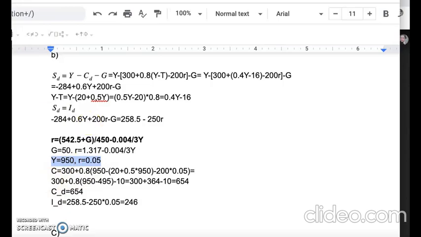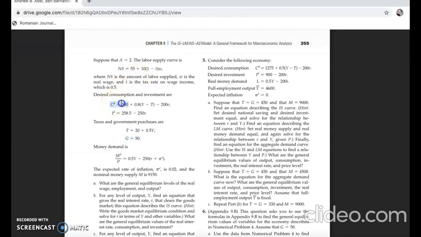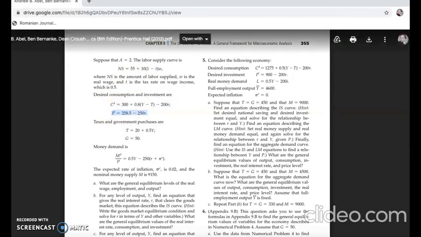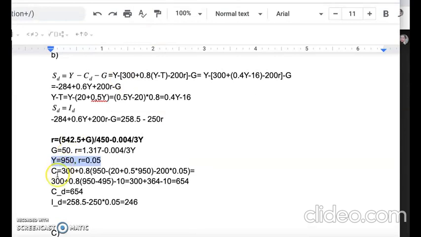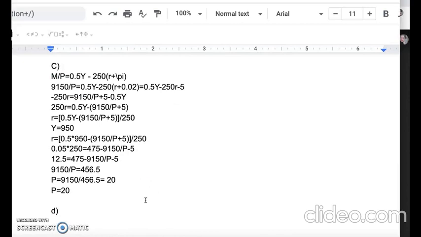You can do this by using the given equations of desired consumption and desired investment in the problem, and just substituting all the known values, you will get desired consumption equal to 654, and desired investment equal to 246.